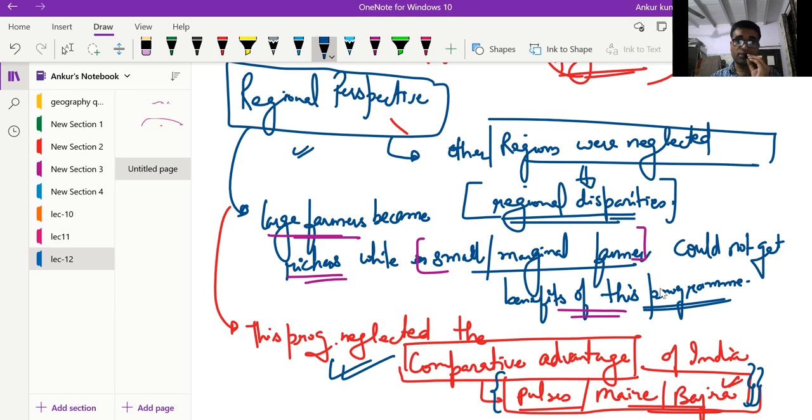Now the question arises: we have enumerated a number of problems, but a problem is only a problem unless a solution is suggested for it. So we must have some solution.